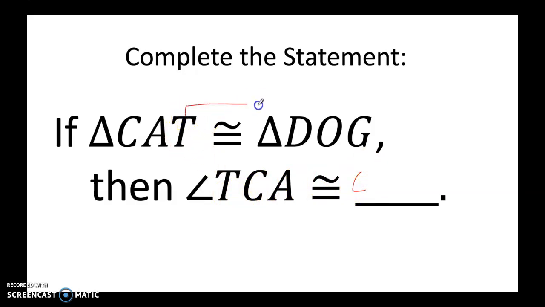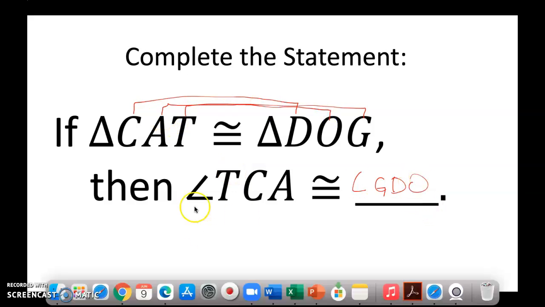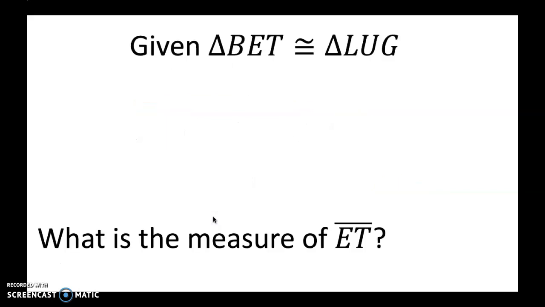T corresponds to G, so G. C corresponds to D, and A corresponds to O. Even though we do not have the given figure, we can use the given as a true statement in order for us to get the conclusion or the then statement.